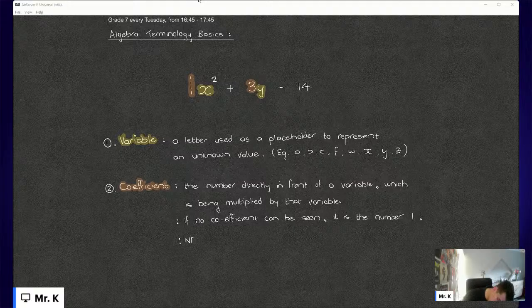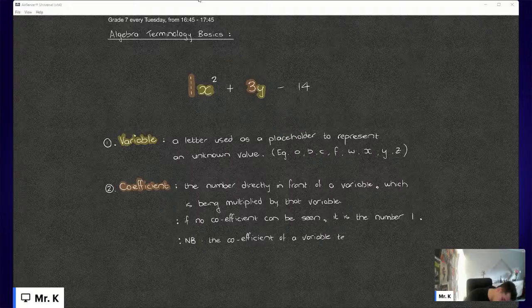And there's something else that's very important to remember. The coefficient of a variable tells us how many of that variable there is.